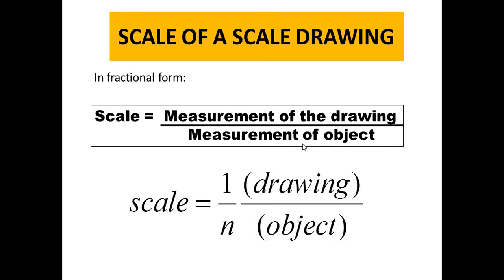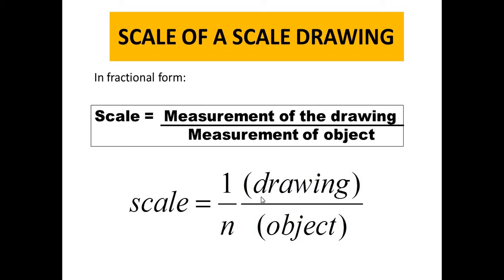Now, in fractional form, just now we went through the ratio form. In fractional form, we write scale equals the measurement of the drawing over the measurement of the object, where scale is equal to 1/n.